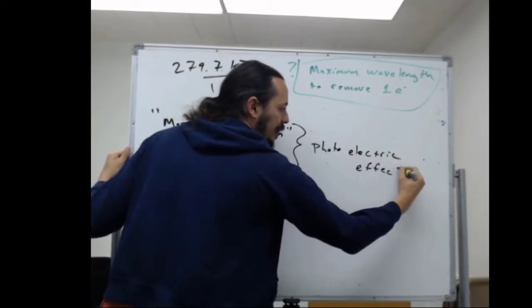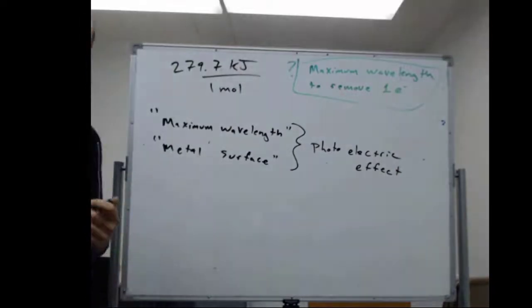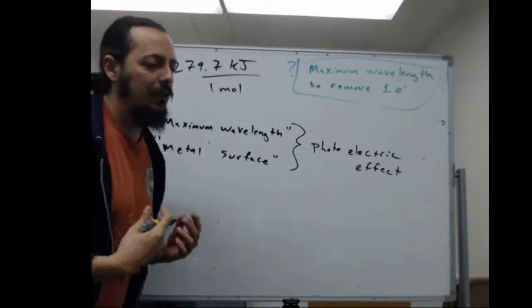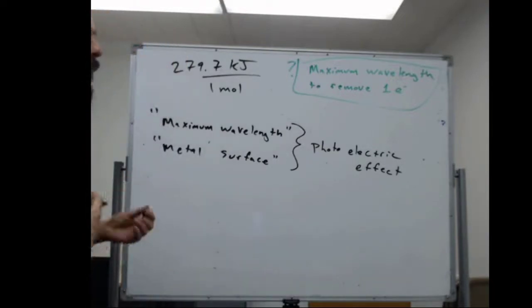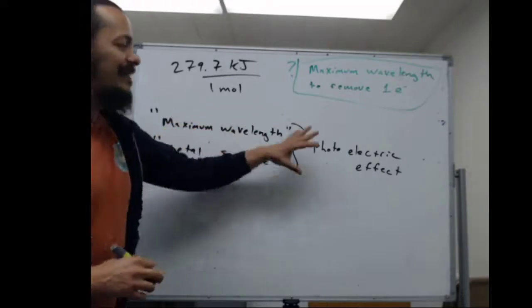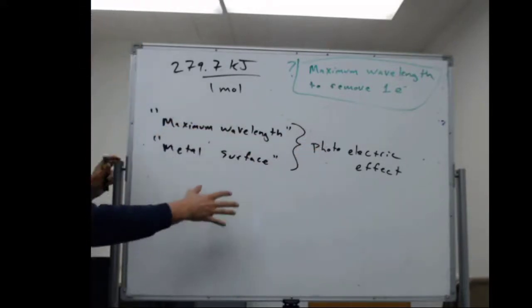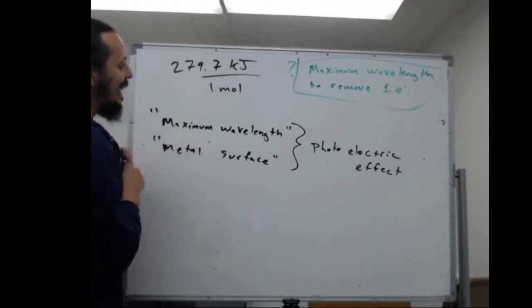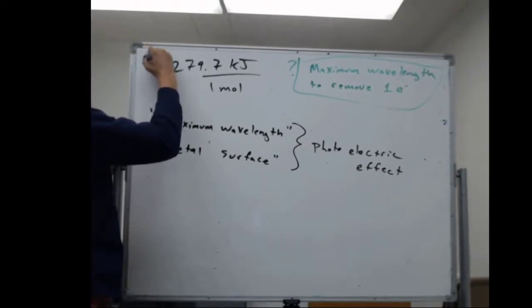You notice no place in the problem does it say, oh, use the photoelectric effect to do this. No place does it mention kinetic energy of electrons or any of those things that usually make us think about photoelectric effect. So in order to even start this problem, we have to have a pretty good conceptual understanding of the photoelectric effect so we can connect these ideas together.